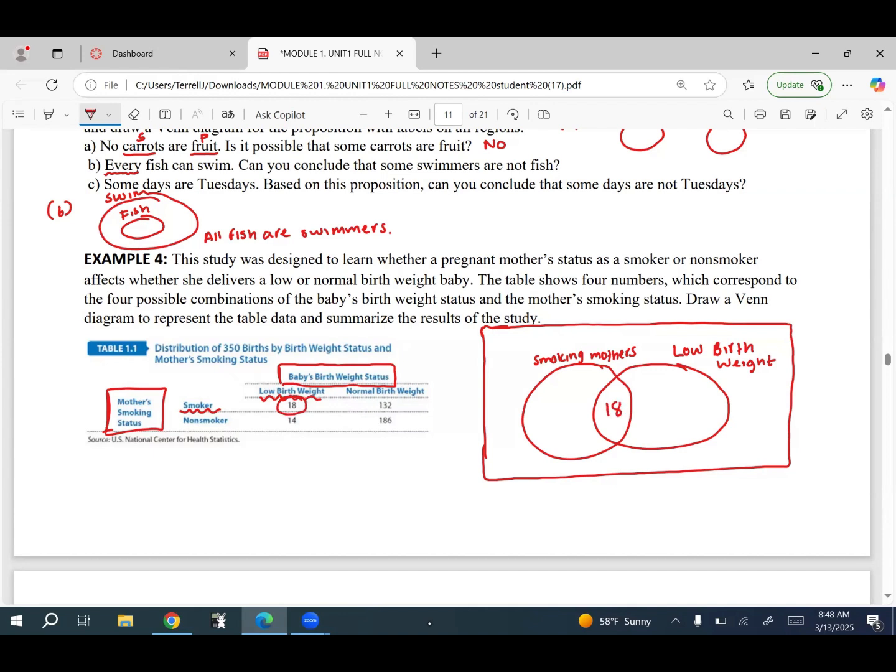And then we have to figure out, well, what does this piece right here mean? It's strictly just mothers that smoked, right?